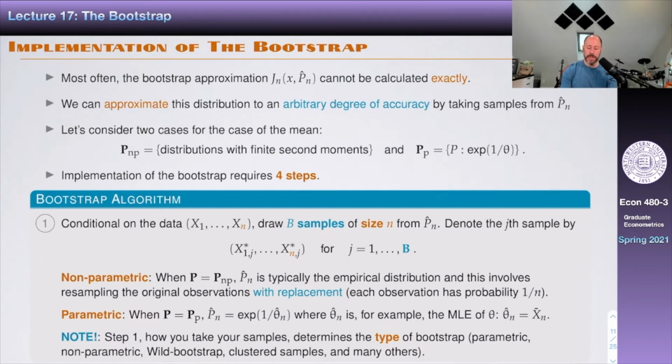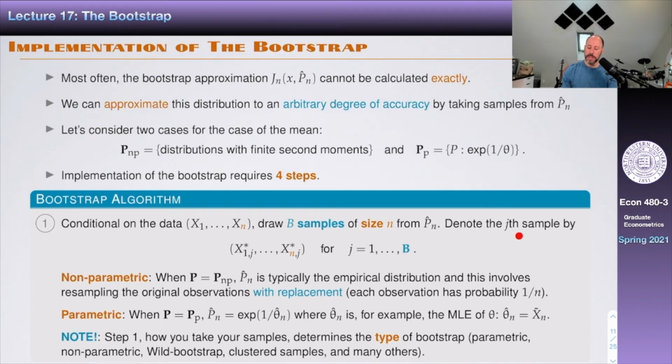The implementation of the Bootstrap requires 4 steps, and I'm going to go through these 4 steps. If you understand the 4 steps, as I said, you can apply the Bootstrap to any situation. First, conditional on the data, it's a sample of size n. We're going to draw B samples of size n from the distribution P hat, okay?